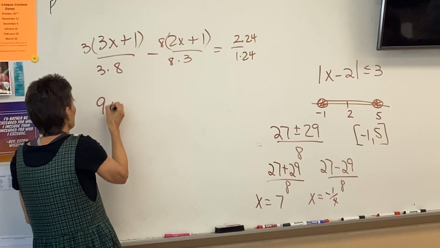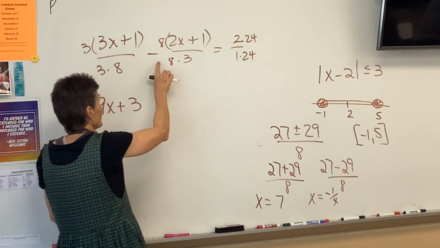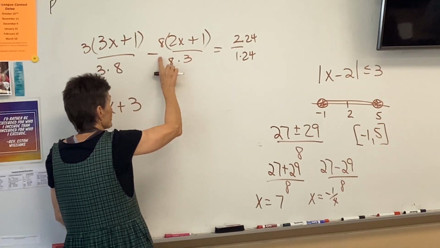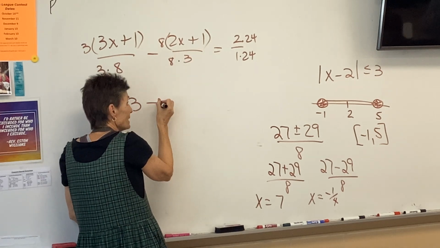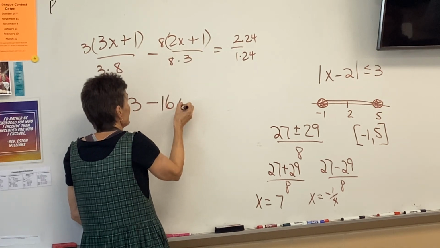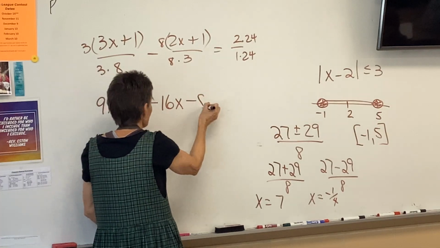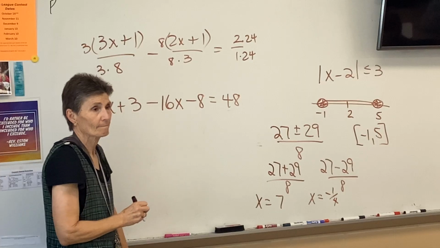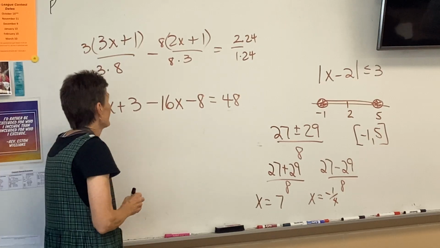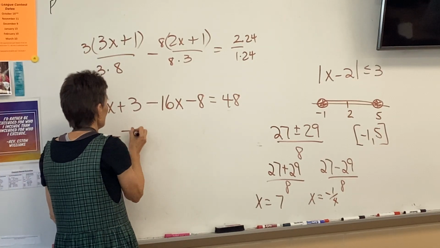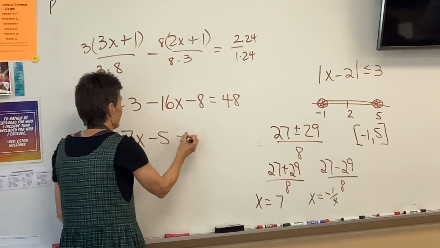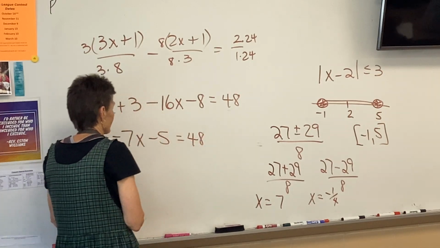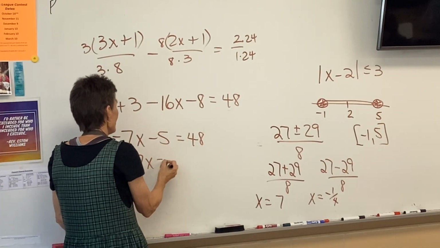Now I'll distribute those numerators. Be very careful here. What's this gonna be? Minus 16x minus 8. Then I'll collect like terms. I'll add 5.